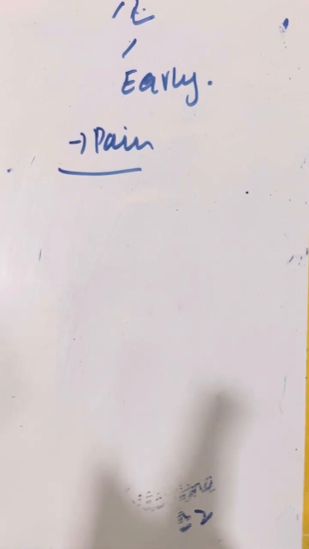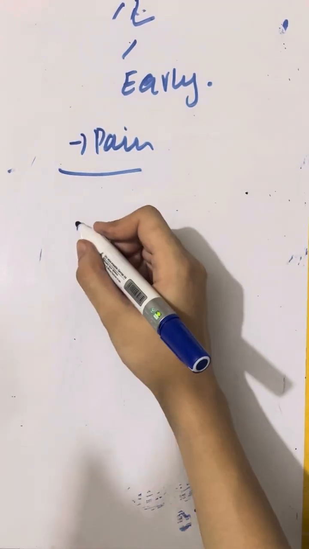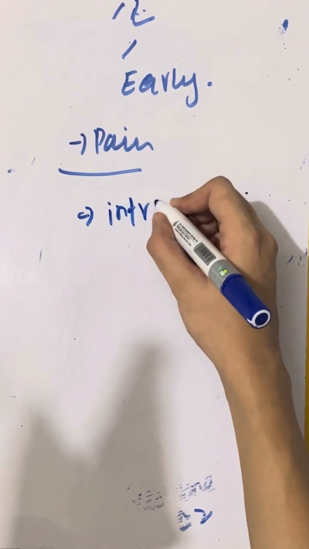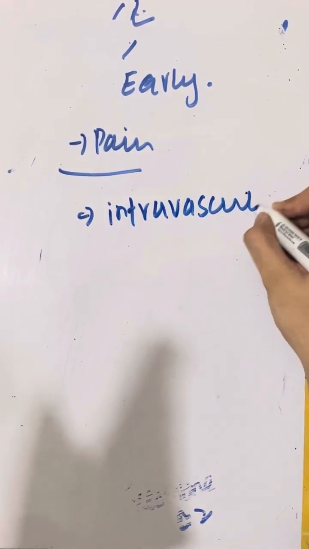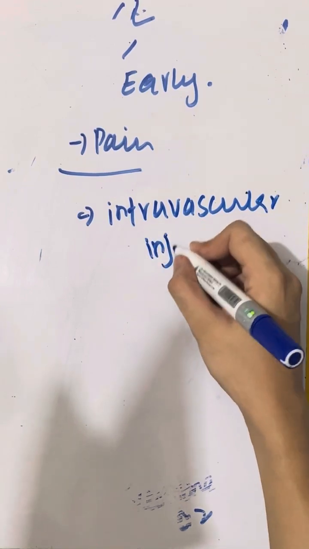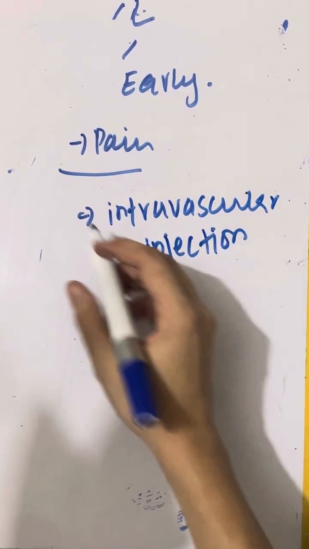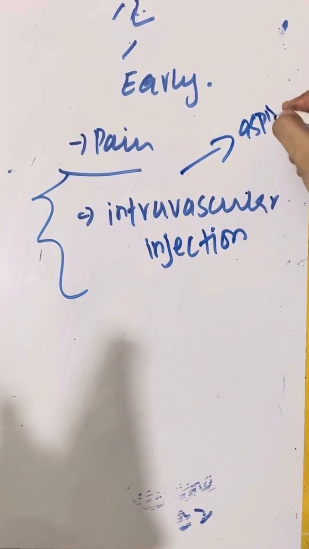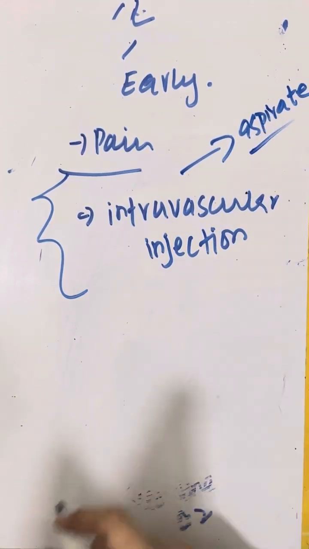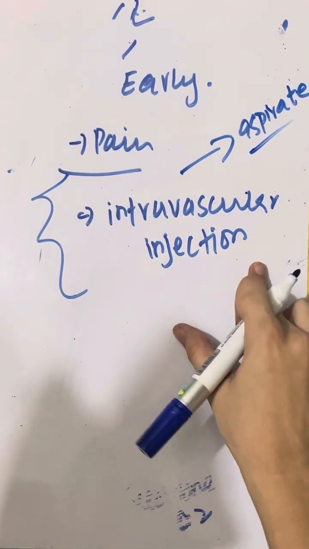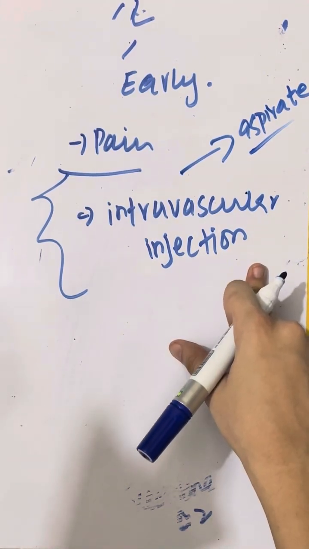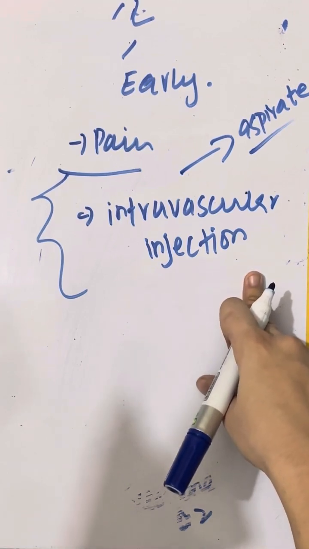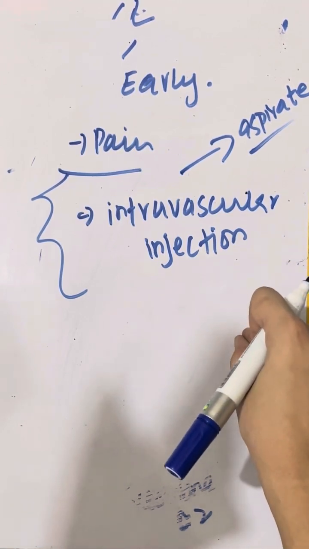Then comes the intravascular injection. You have injected in an artery or vein or capillary. This happened because you forgot to aspirate earlier. This will cause local pain and systemic effects: tachycardia and palpitations.